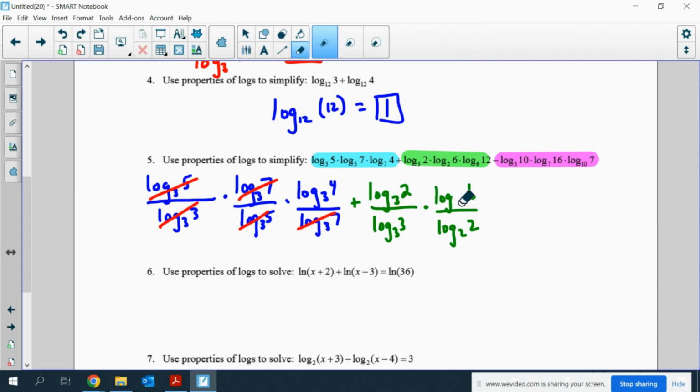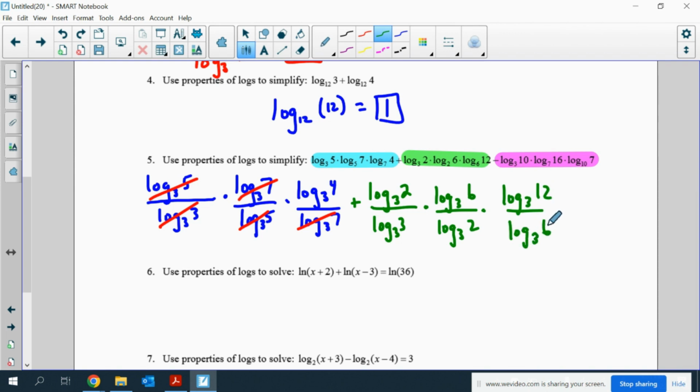Sorry, I'm trying to talk and write at the same time. Log base 3 of 12 over log base 3 of 6. And notice that these cancel, this is 1. So I end up with log base 3 of 12.